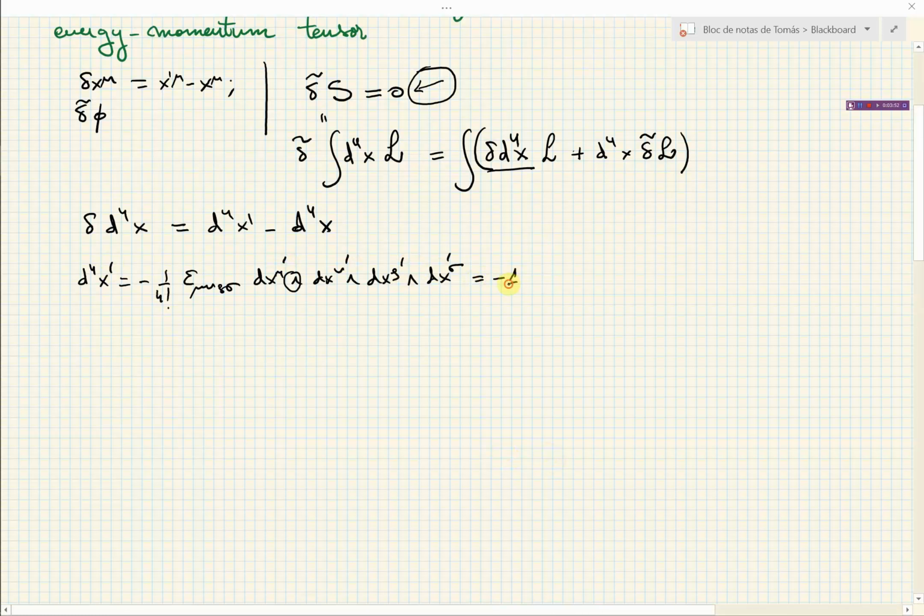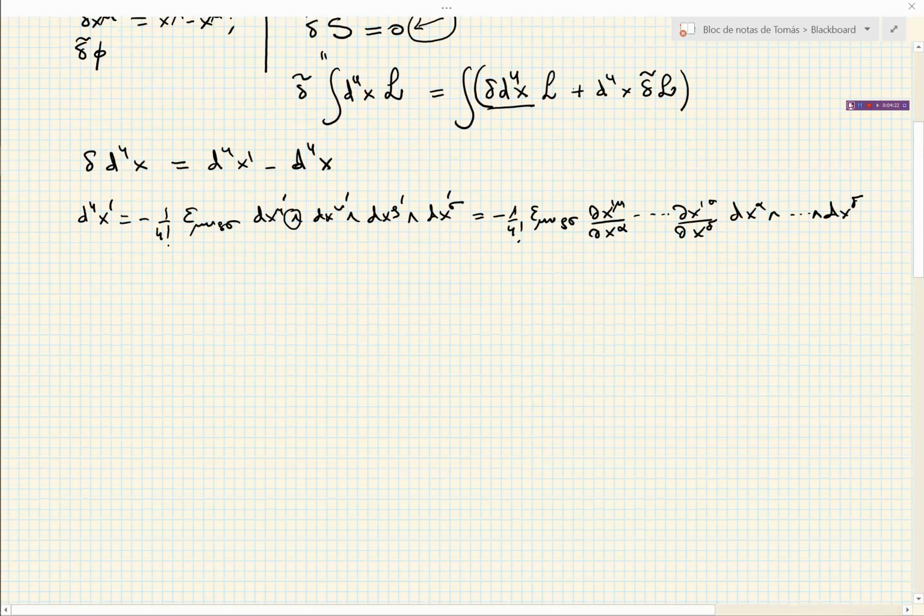So this is minus 1 over 4 factorial epsilon mu nu rho sigma, and then partial x prime mu with respect to x alpha, and so on until the last one, which is x prime sigma with respect to x delta, dx^alpha and so on dx^delta.